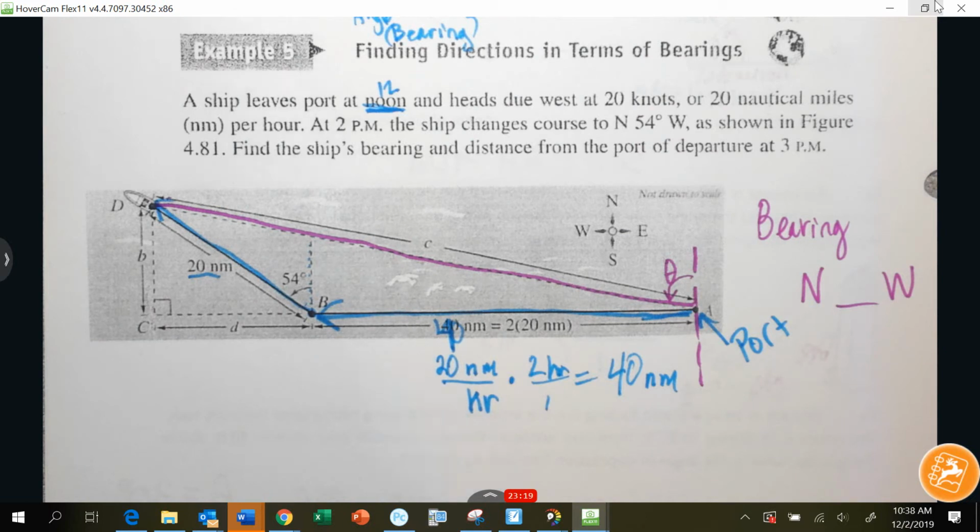Let's plan this out. How are we going to find C? And before I call on you, do you know how to find a missing side of a triangle if it's not a right triangle? Do you know how?